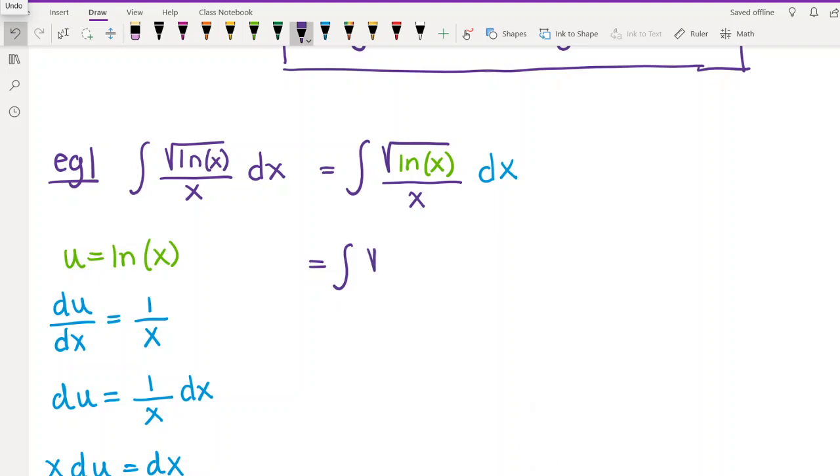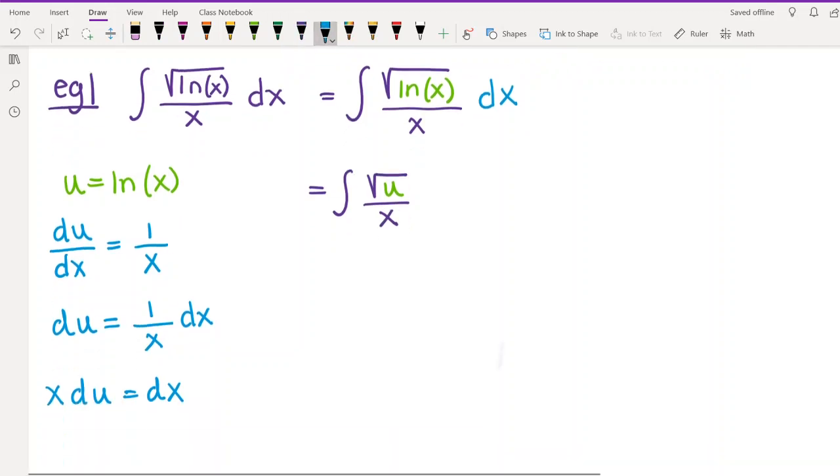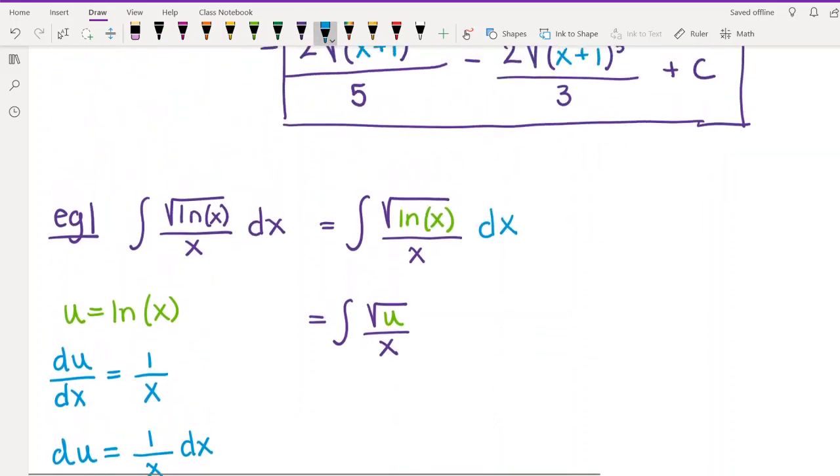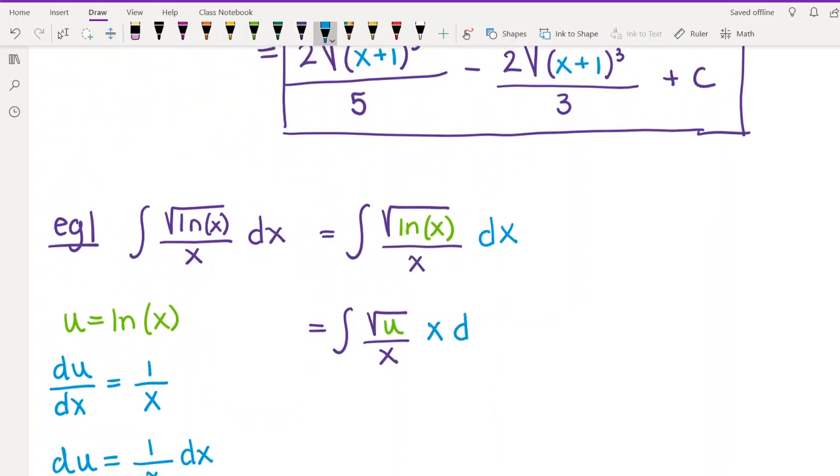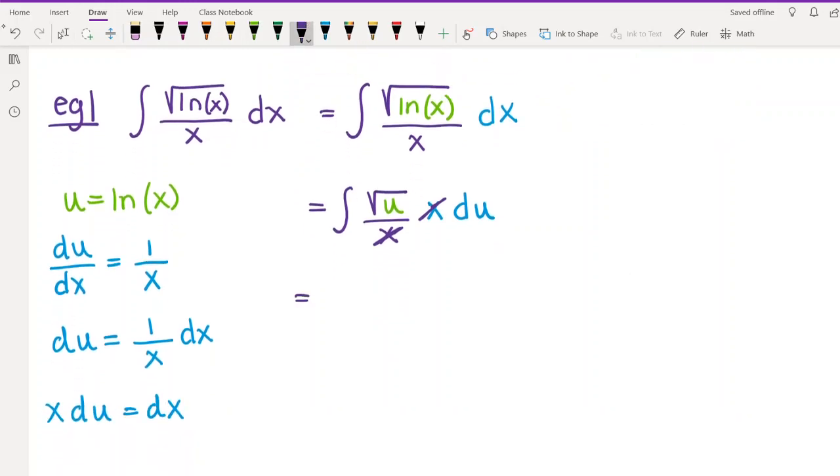So now we can go and put that into our integrand. We now have the square root of u over x times, and so what do we have here? We had x times du is what we're putting in instead of dx. And so this x and this x are going to cancel out. And so we're left with the integral of the square root of u du. And that's something we know how to work with.